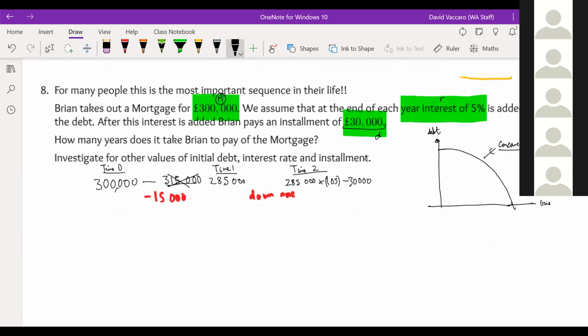So at time 0, the mortgage is M. At time 1, we add interest to the mortgage and then take away D. Okay, so the function which takes me from one time to the next is multiplying by R and then taking away D.